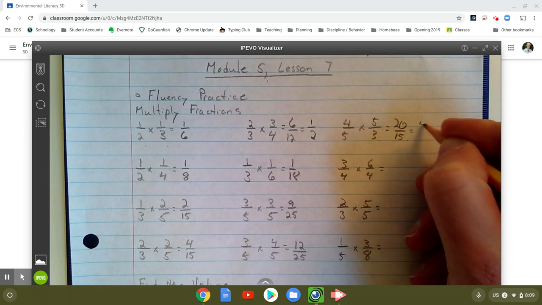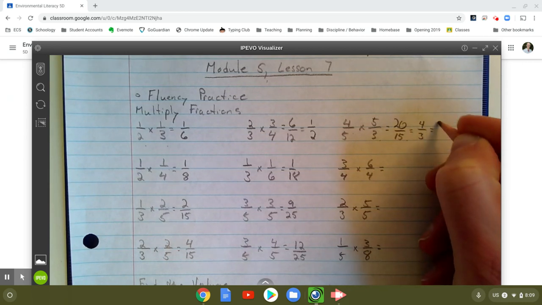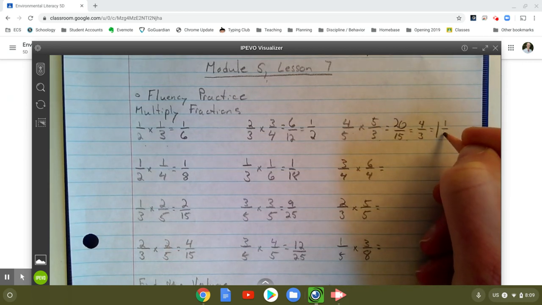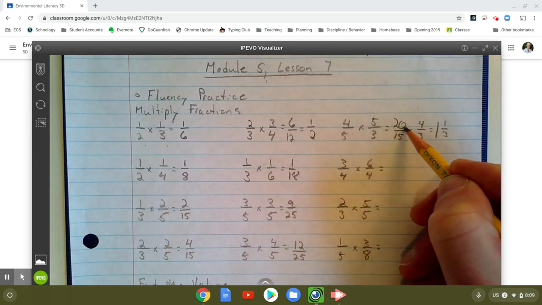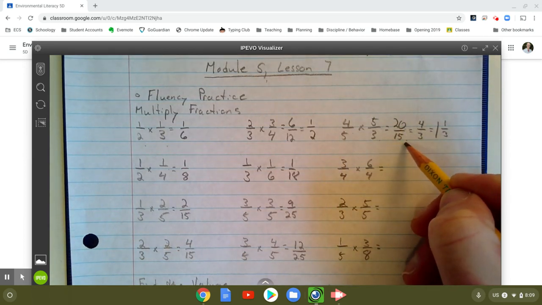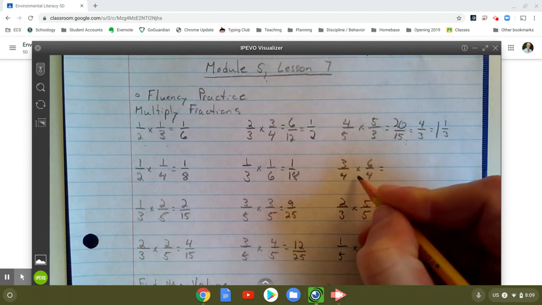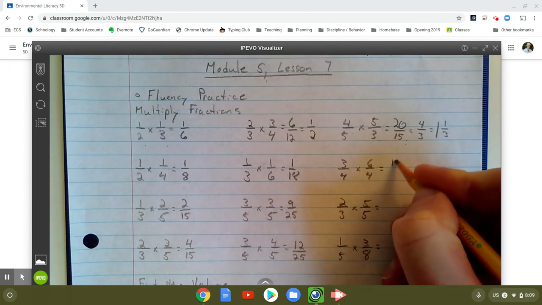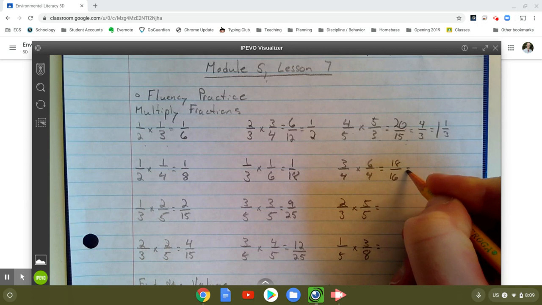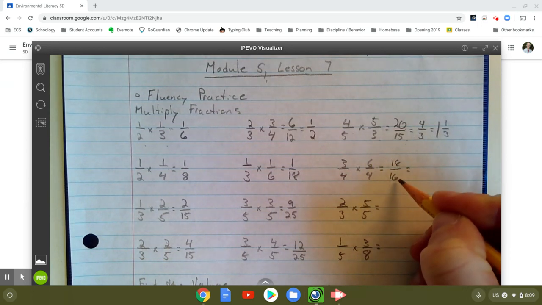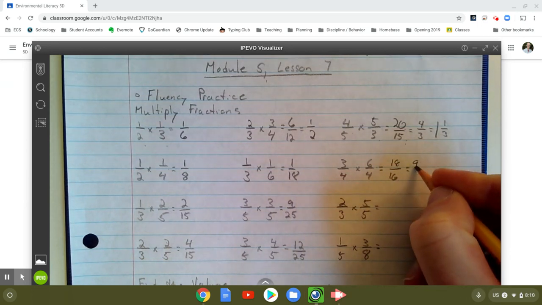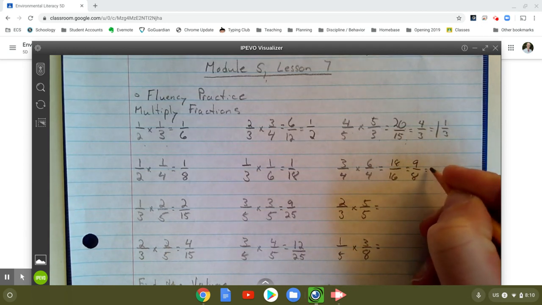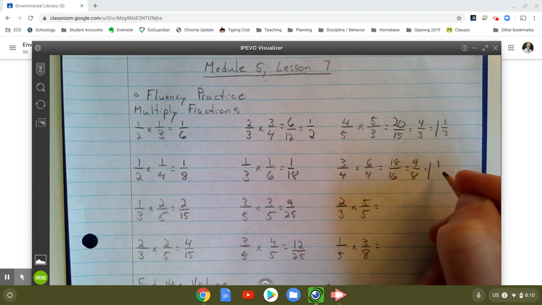So that's 4/3, and that equals 1 and 1/3, right? So I did 20 divided by 5 is 4, 15 divided by 5 is 3, 1 and 1/3. 18/16. Simplify, that'd be 9/8. Turn that improper fraction into a mixed number.